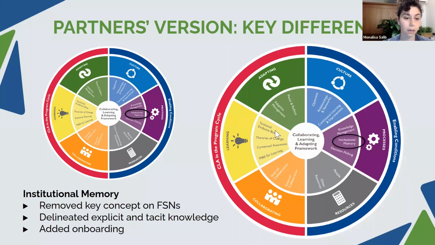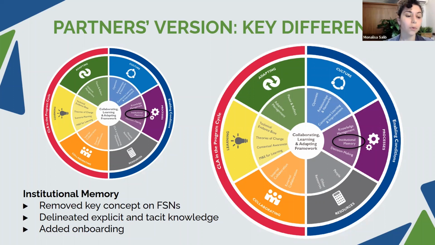And then another key difference was around institutional memory. So this subcomponent originally included a key concept related to what the people who are called Foreign Service Nationals. Those are the staff who are from the country that USAID is working in. And so we removed that concept, obviously, because at implementing partners, we don't call local staff Foreign Service Nationals.